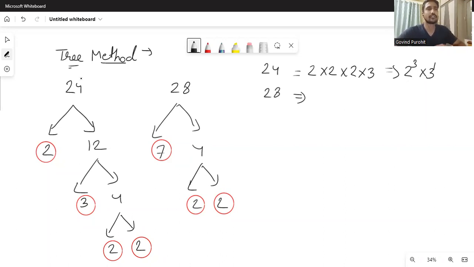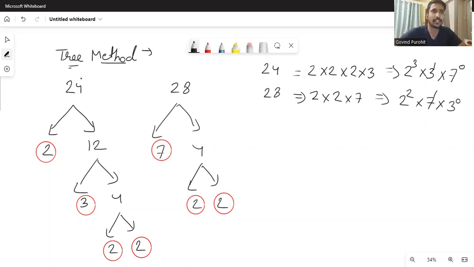And 28 says 2 multiplied by 2 multiplied by 7. It says 2 two times, 7 one time, and any other number like 3 zero times. Similarly here 7 zero times.